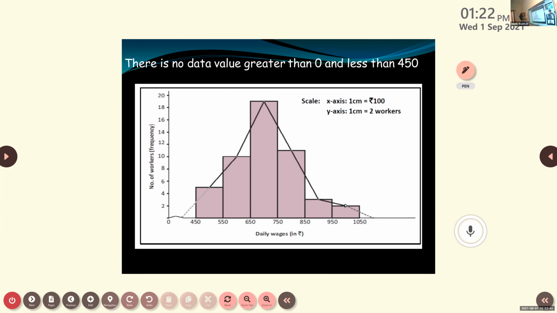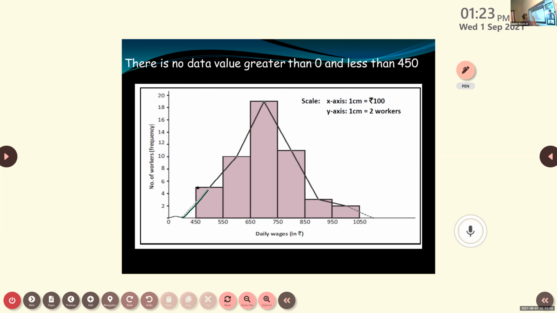How do you get the frequency curve? Instead of joining with a straight line, you just join like this with a smooth curve, and you will be getting the frequency curve.